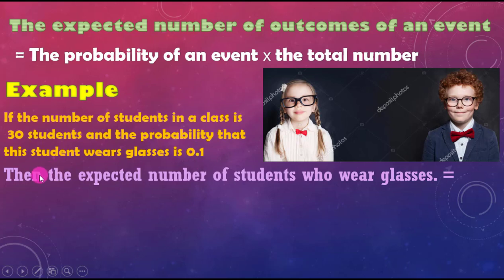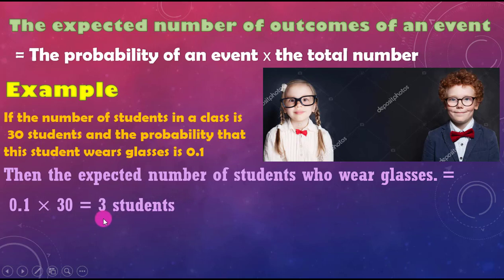If he asks me the expected number of students who wear glasses, I use the rule: the probability times the total. So it will be 0.1 times 30, which equals 3 students.